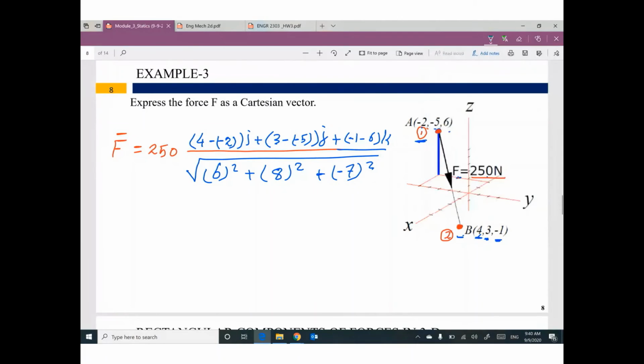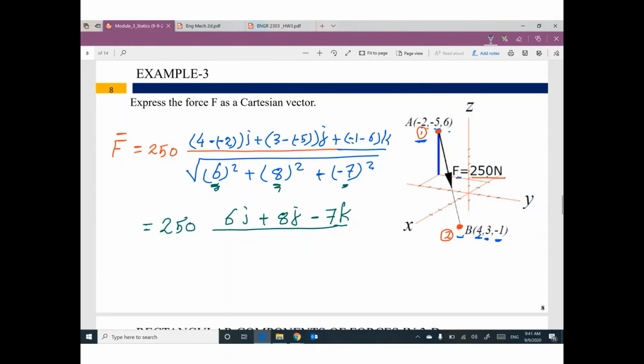Guys, 4 minus -2 is 6. 3 minus -5 is 8. -1 minus 6 is -7. So go ahead and simplify these values. So this one will be 6i plus 8j minus 7k, divided by the square root of 6 squared plus 8 squared plus 7 squared.